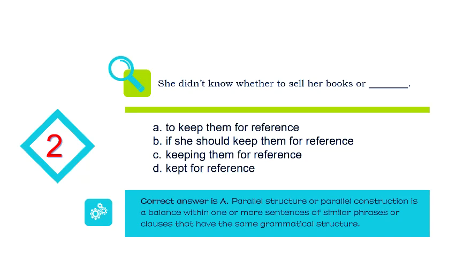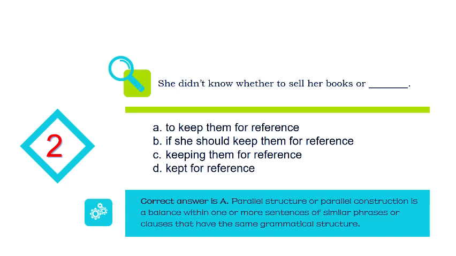And take note what's the rule. We have here rule of parallelism, meaning to say our phrases or clauses should be balanced. Now what we're looking here is a preposition that is parallel to sell her books.